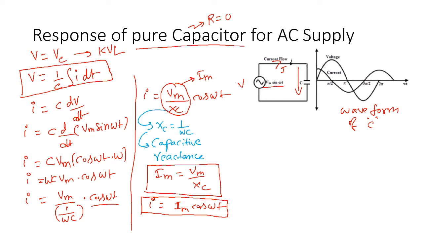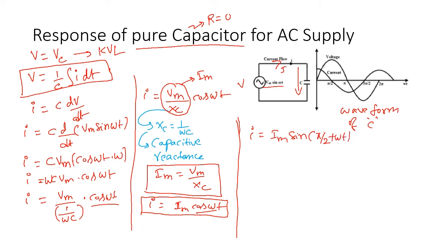So I need to bring this into the sine function, so then it is very easy to compare, right? So I is equal to Im sine of pi by 2 plus omega t.